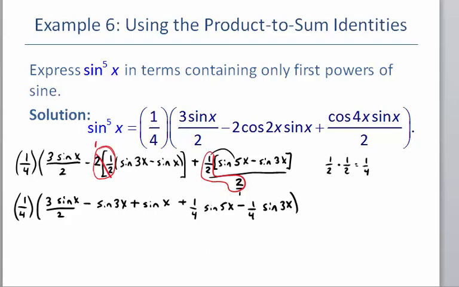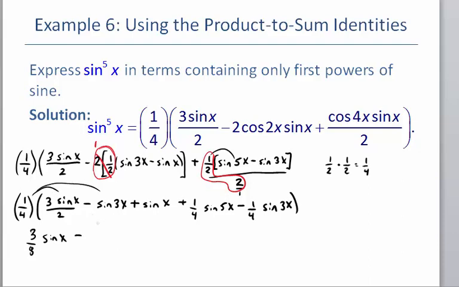So the next thing I'm going to do is take this 1/4 on the outside of the parenthesis, and distribute it to each term inside the parenthesis. So 1/4 times 3/2 is going to be 3 over 8, and then we have a sine x.